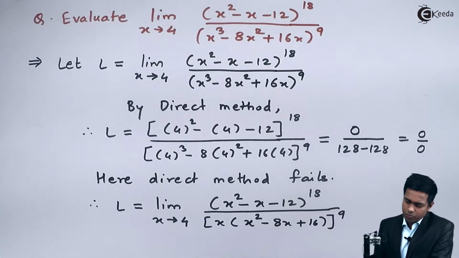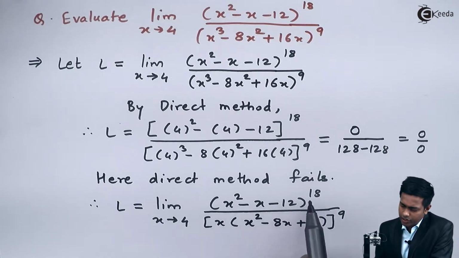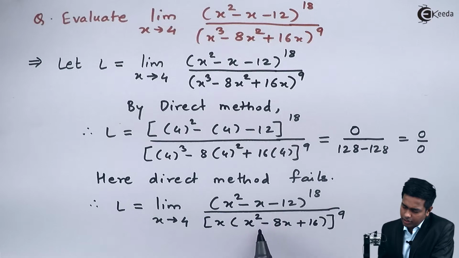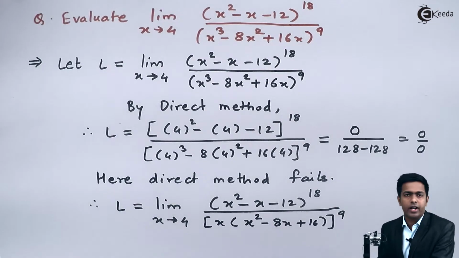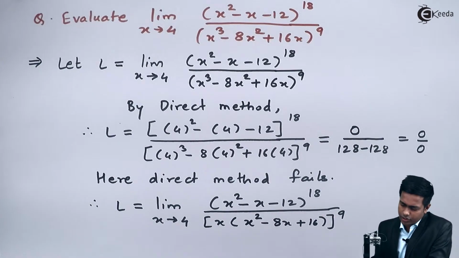Now if you observe, in the numerator we have a quadratic expression, as well as in the denominator inside this bracket. So let's try to find the factors of these quadratics.